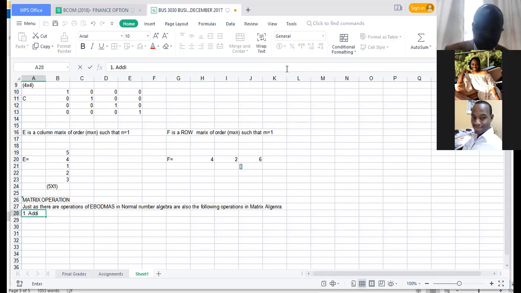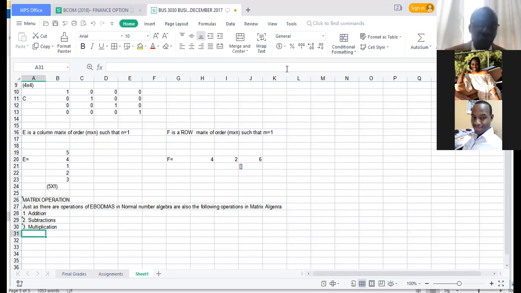You add matrices. Number two, subtraction. Of course, BODMAS will still work. The order will still remain the same. But these are the main operations we'll deal with within that BODMAS. Then number three, multiplication.